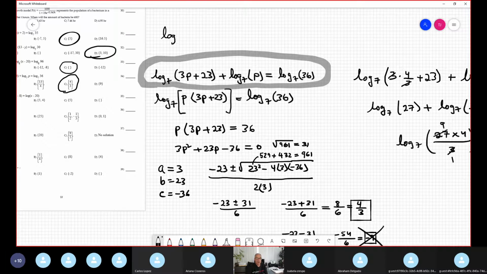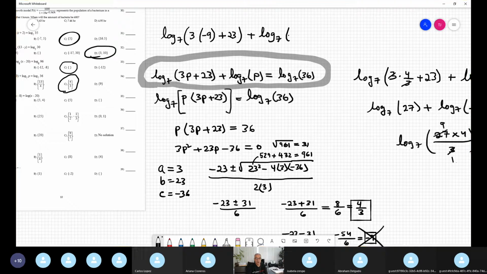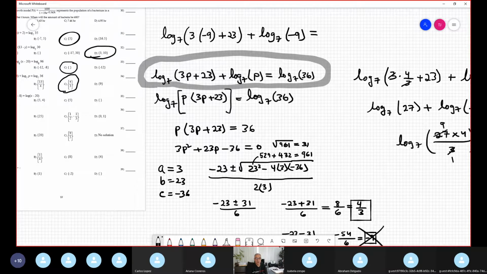Logarithm base 7 of 3 times negative 9 plus 23, plus logarithm base 7 of negative 9, equal logarithm base 7 of 36. Wow! Automatically I see this guy is a negative number inside the logarithm, totally undefined.